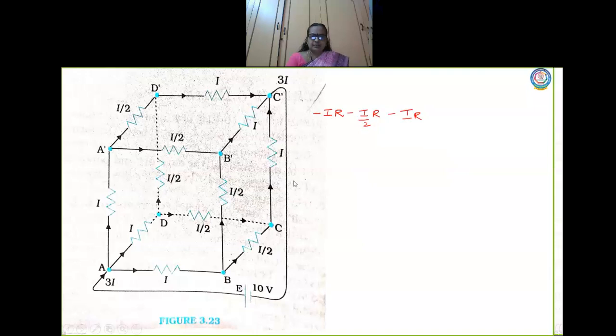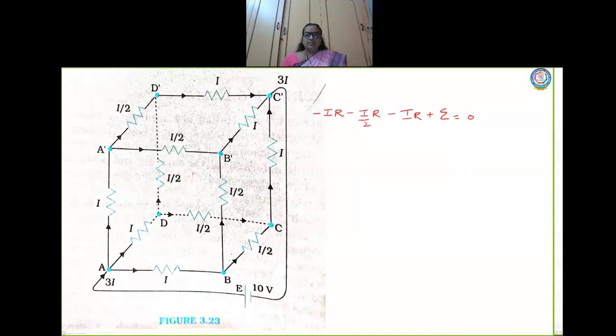Then comes a part where there is no resistor, and you have a voltage which goes from negative to positive. So in this case it will become plus psi. I don't write the value, I just write plus psi alone. This is equal to 0. This is the first equation.